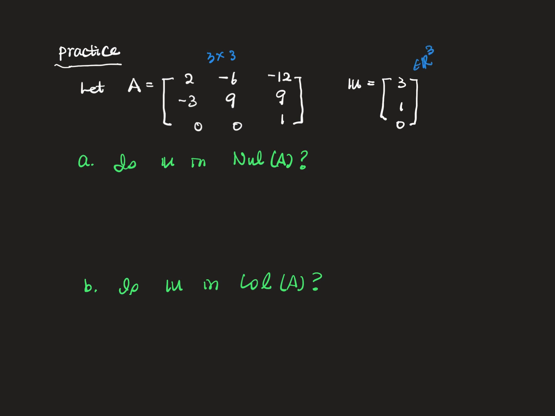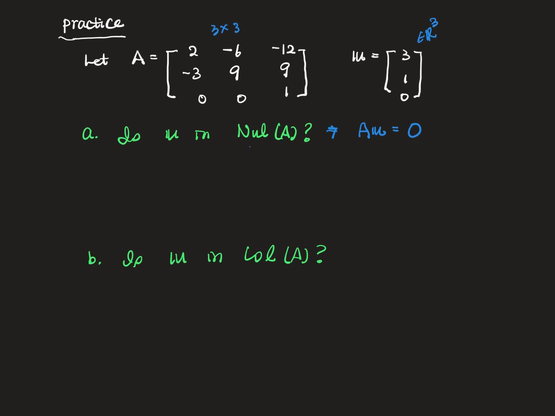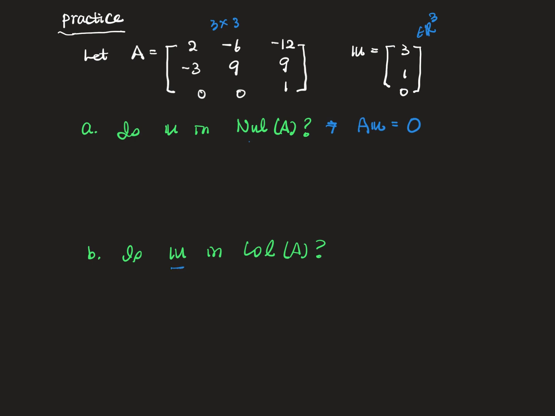So first we're going to check whether the u vector is in the null space of A, which means you have to check that A times u vector equals 0. Second, we check whether the u vector is a linear combination of the columns of matrix A. You have to check that, guys, okay?